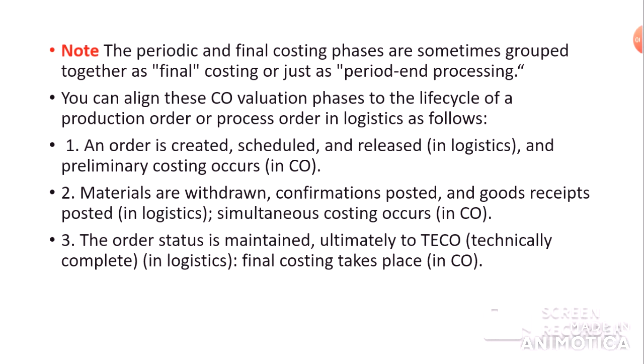First, an order is created, scheduled and released in logistics, and preliminary costing occurs in CO. So the materials are withdrawn, confirmations posted, and goods receipt posted in logistics. Simultaneous costing occurs in CO. So the order status is maintained ultimately to TECO, technically complete, in logistics. Final costing takes place in CO.